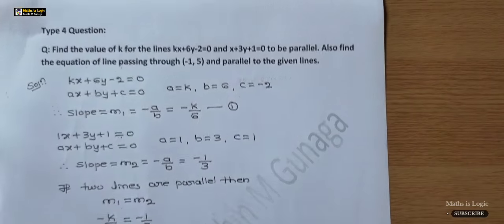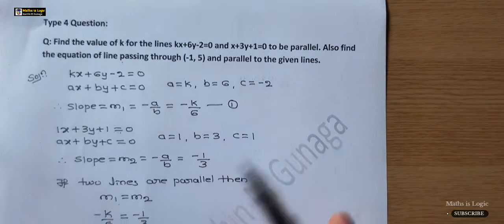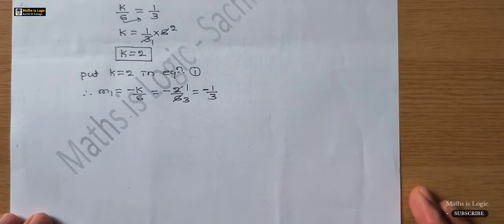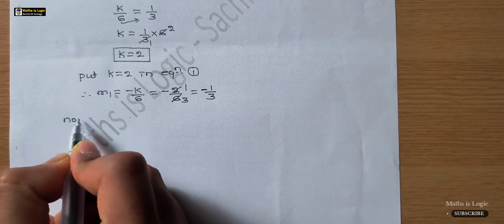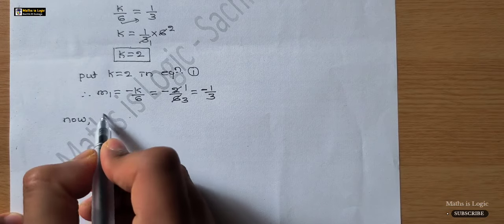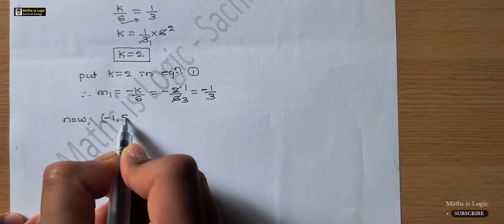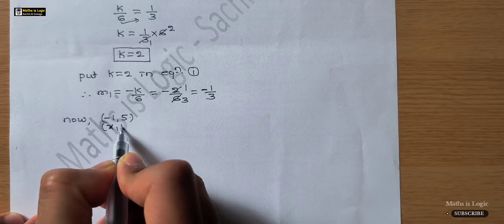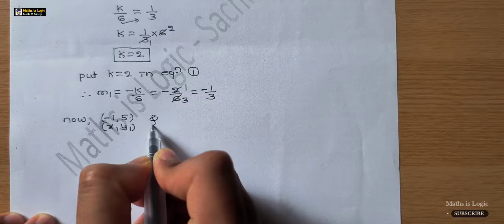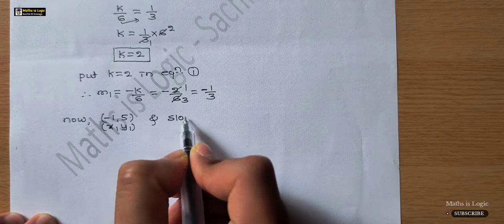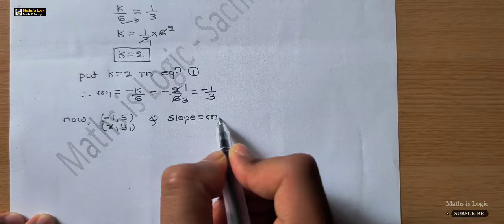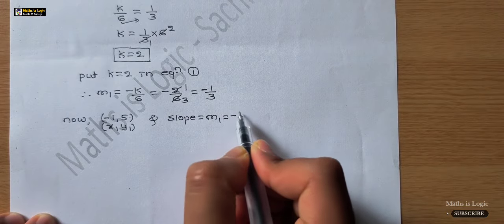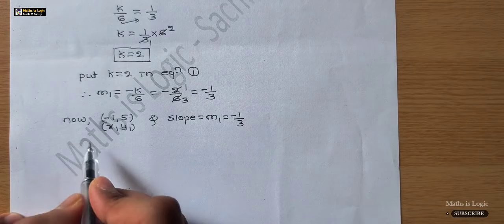Therefore which point is given? Minus 1 comma 5. Therefore now consider minus 1 comma 5 as x1 y1 and the slope value, that is m1 or m2. m1 is equal to, consider, minus 1 divided by 3.